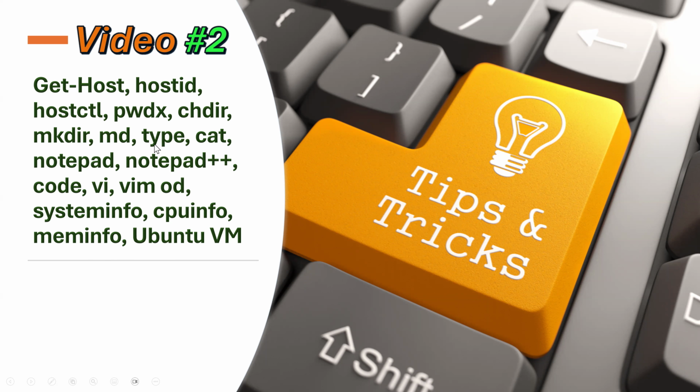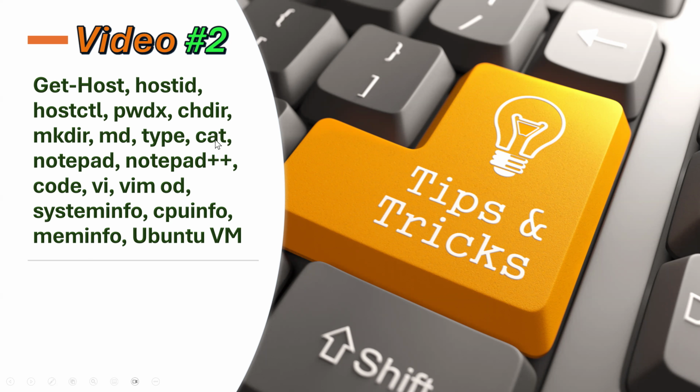Type is a command that was used by DOS, the disk operating system, and then Windows. And PowerShell is using this one. Type is an alias to Get-Content in PowerShell, and cat is also a command in PowerShell that is an alias to Get-Content. Both cat and type are there.